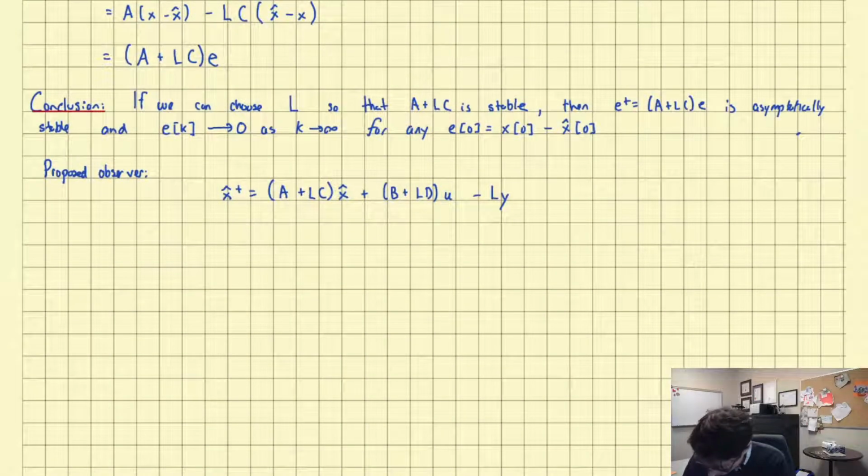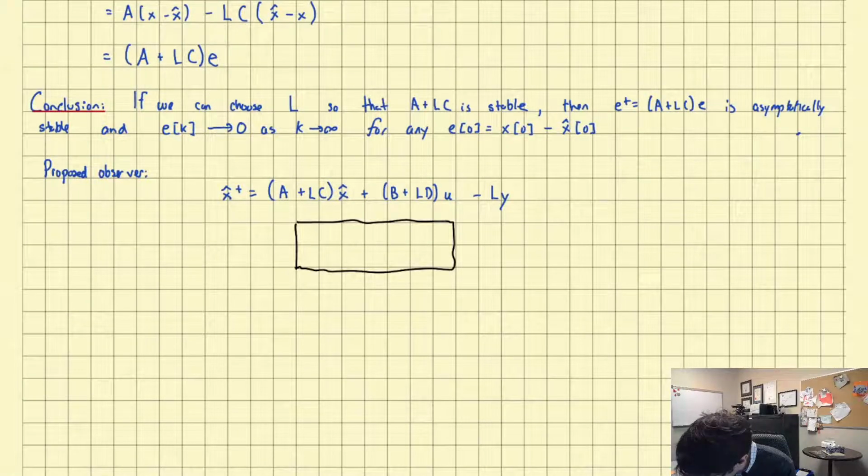And again, from a systemic point of view, this is just a system which measures u and y and produces an estimate x hat.